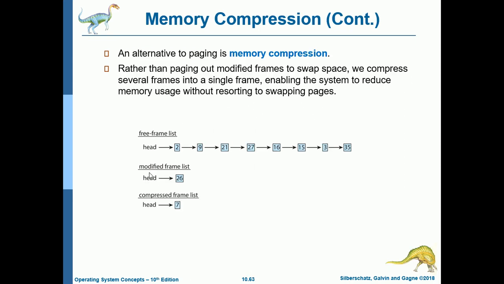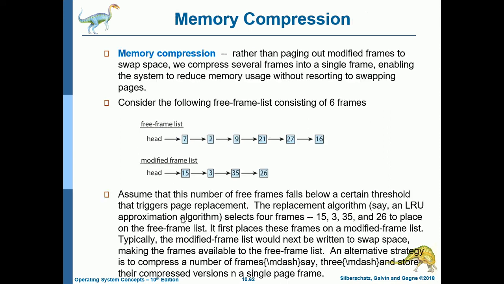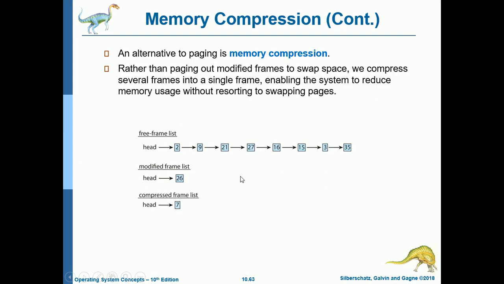So, of course, memory compression is an alternative to paging. Rather than paging out modified frames to swap space, we compress several frames into a single frame, enabling the system to reduce memory usage without resorting to swapping pages. For this example, for the modified frame list, as we can see, 15, 3, and 35 are already gone.